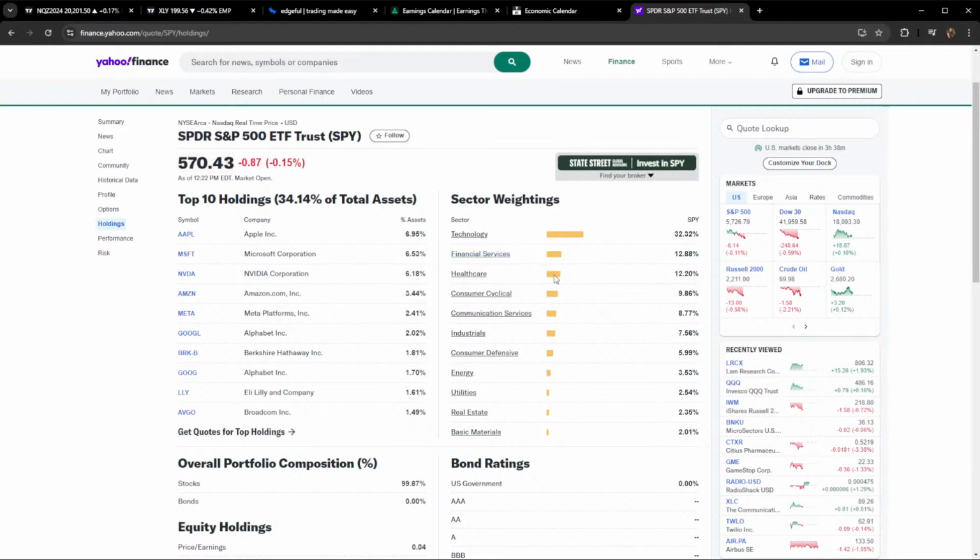Financials, healthcare. I mean, look, these two sectors right here combined, let's see, what's that? 1224. Industrials are getting beat up today too. Energy's getting beat up today too. So all of that is going to outweigh technology.